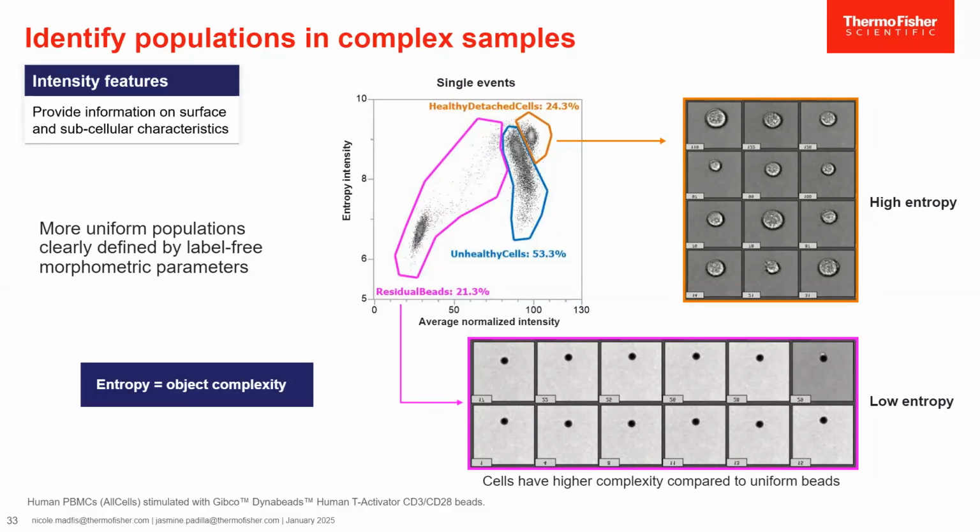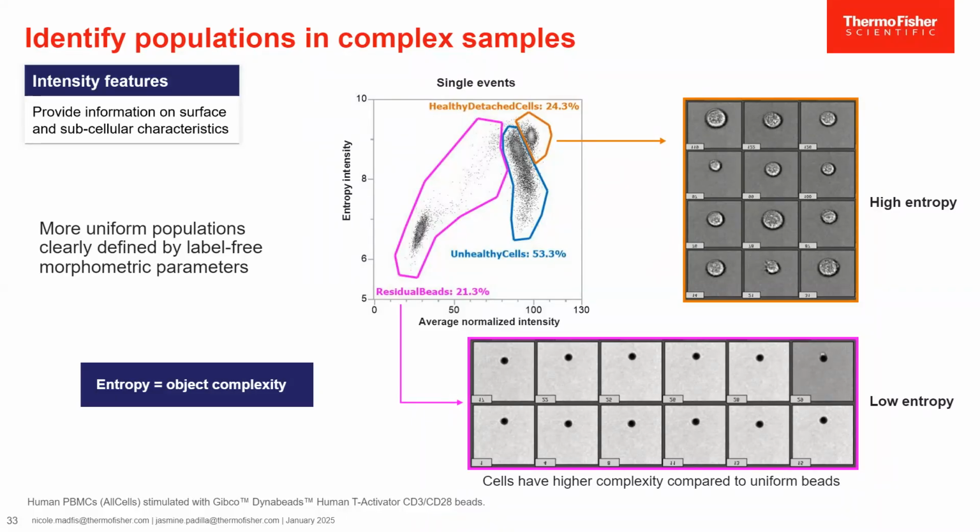Entropy intensity refers to the complexity in light and dark spots within the event, and these are interpreted by the model as different populations. Events that are high for average normalized intensity tend to have more bright or white spots.